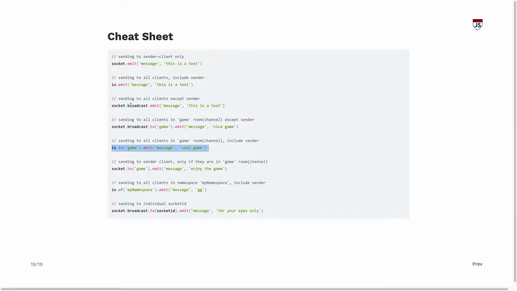Oh, actually, right, because it says in. So does that mean the client needs to be in that room? If I'm outside the room, right, you're not going to get messages to the room. Okay. Was that the question? You're not going to get messages to. What do you mean?